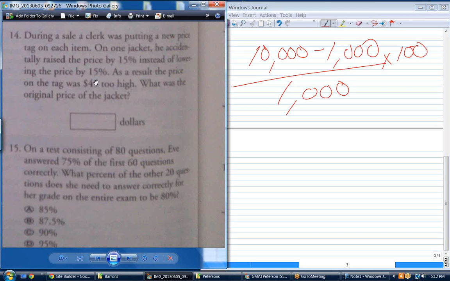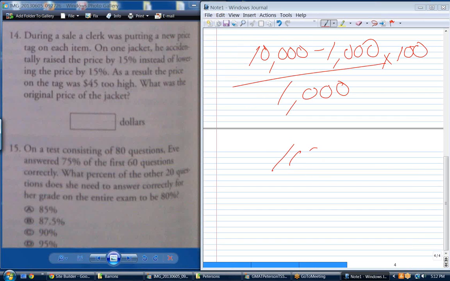We can experiment a little bit to see how we might do this problem. Suppose the jacket was $100. And he meant to reduce it to 85, but instead he raised it to 115. Well, that's $30 too high.